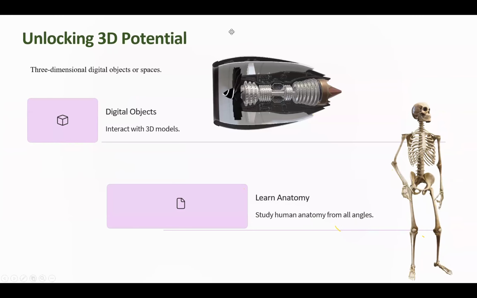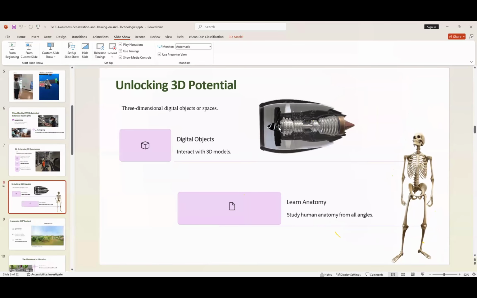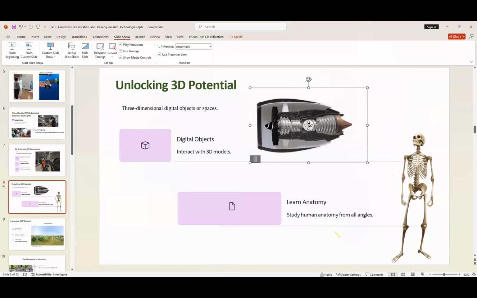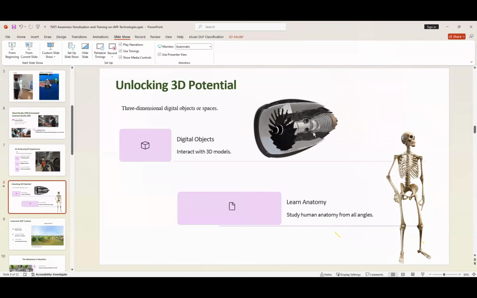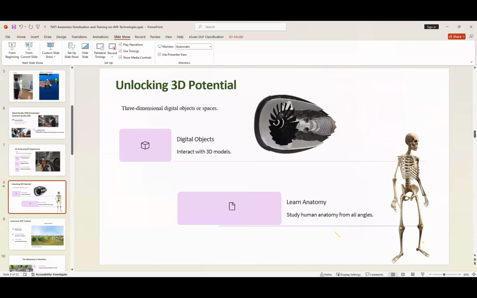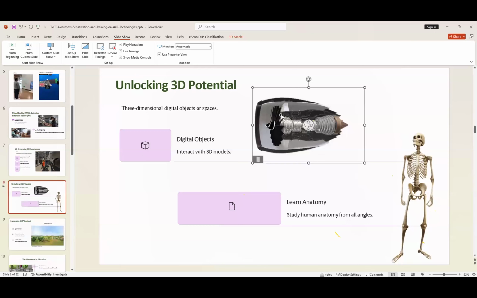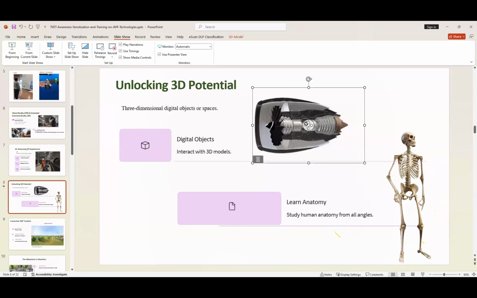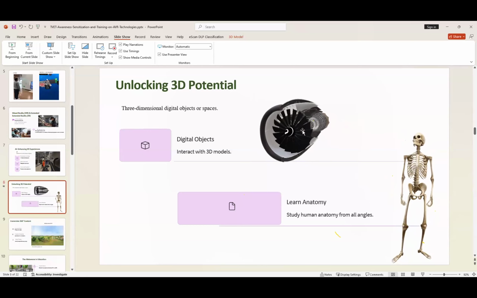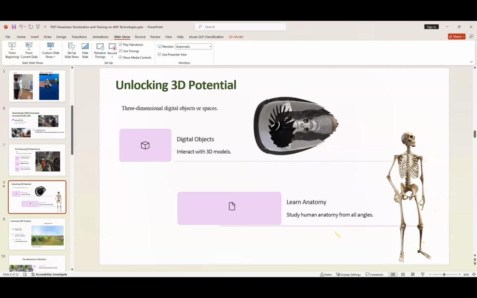Here is a 3D object. I think we can imagine this is an engine. What 3D does is that instead of a 2D image, like what we always have when we take pictures on our phones where you only see the face of it, here the object is given more depth, and you can see it just like you would with your naked eyes.